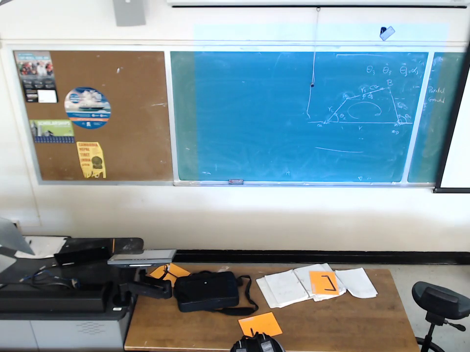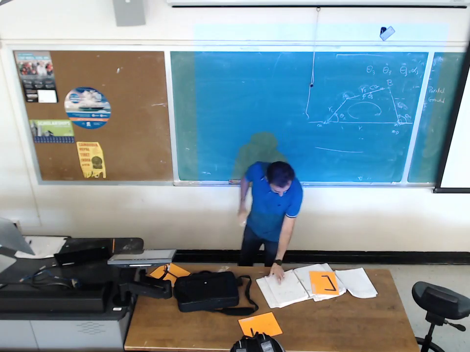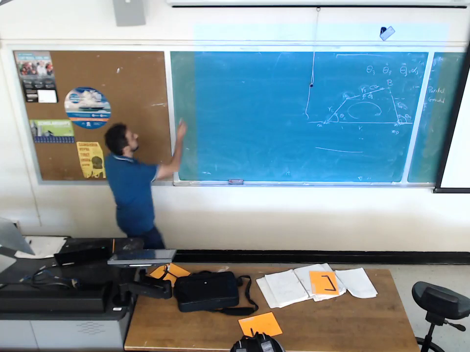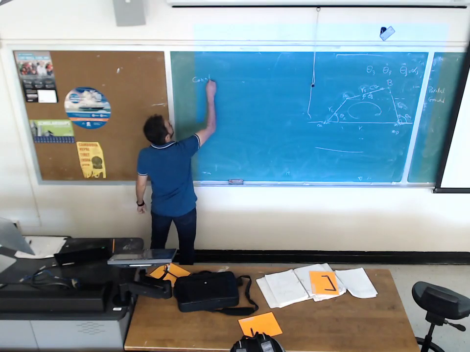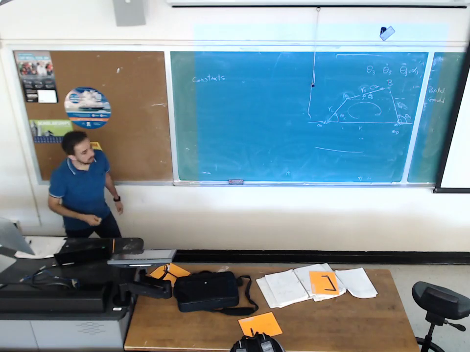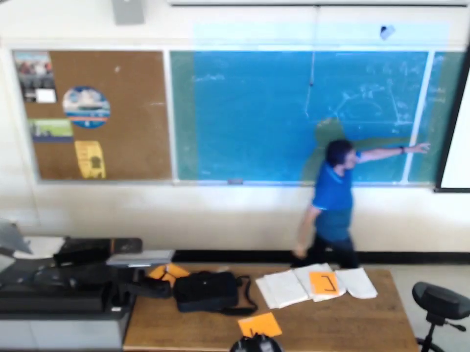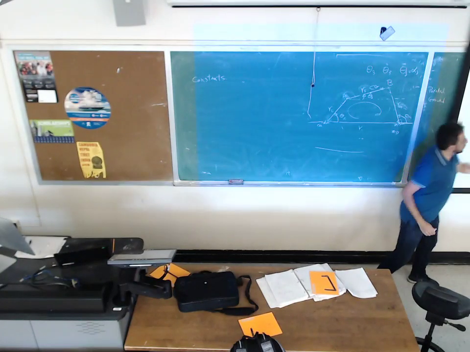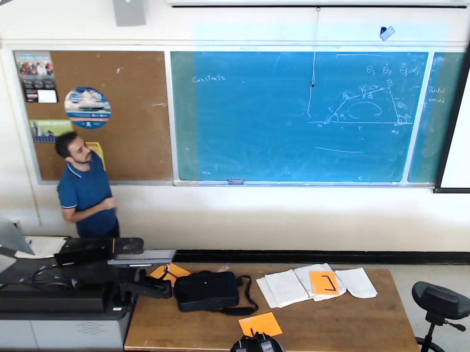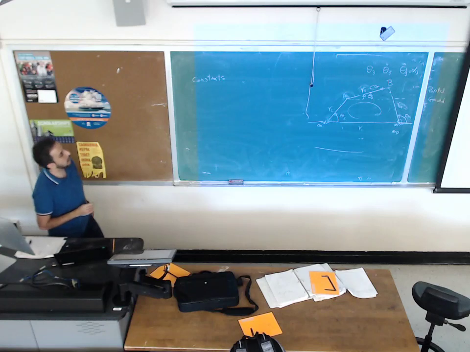In all displacement analysis, I would like to see this classification, constants. Look at the terms that you will see here. Which terms are constant? Which terms are not varying over time?